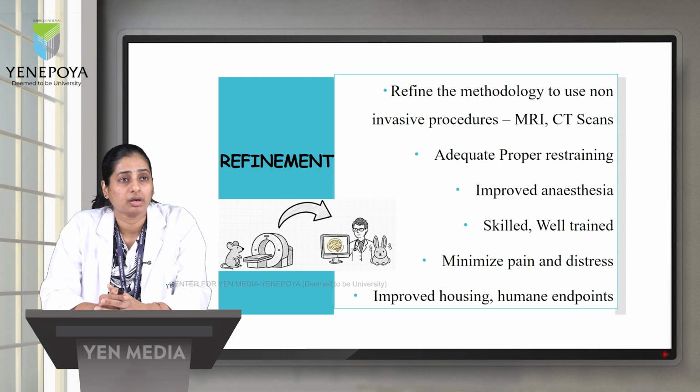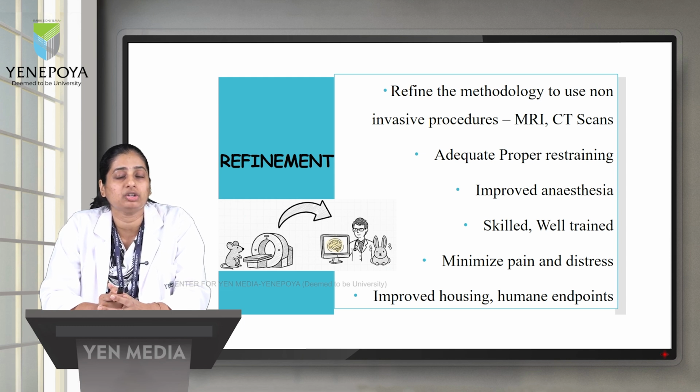Improved anesthesia, that is good anesthesia being given to the animal before the procedure. Whether the person is skilled enough to perform the experiment, to minimize pain and distress to the animals. About the housing condition where the experiment will be done. Whether humane endpoints are looked into and considered.